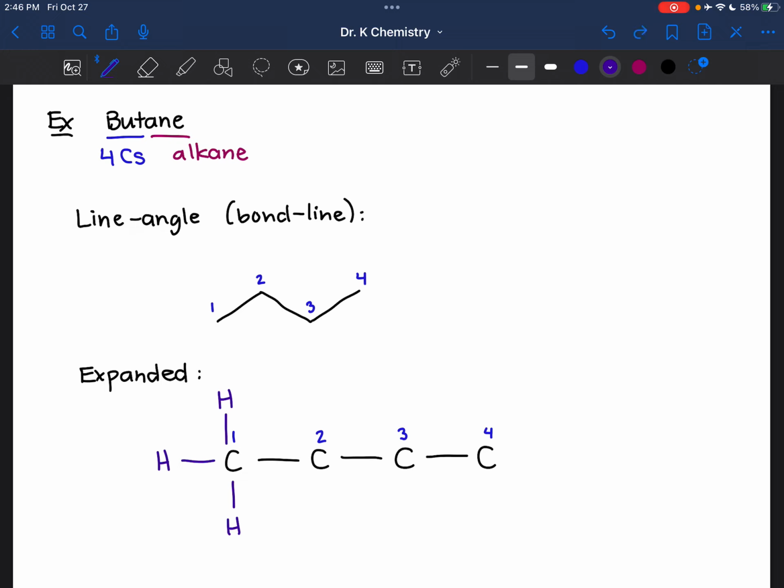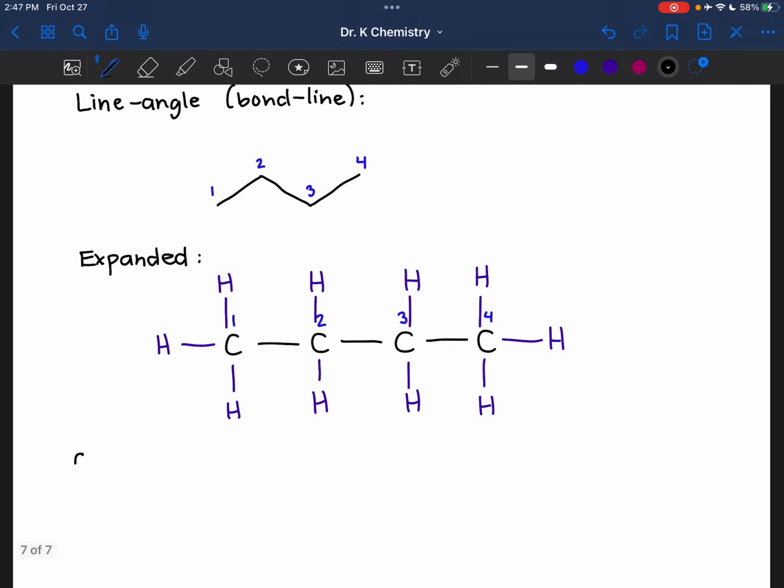At the very end of the structure, I have the same type of carbon that only has 1 bond, so I'm going to give it 3 more bonds to complete its octet. And the carbons in the middle contain 2 bonds, which means each one needs 2 more hydrogens to complete its octet. And that's my expanded structural formula.